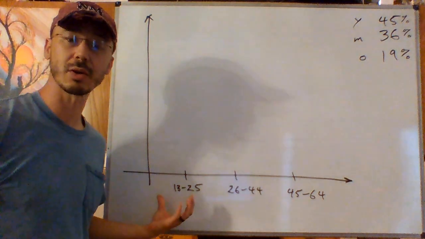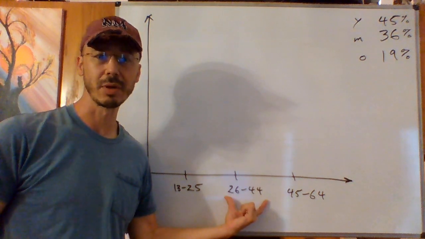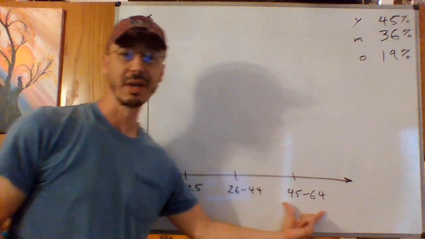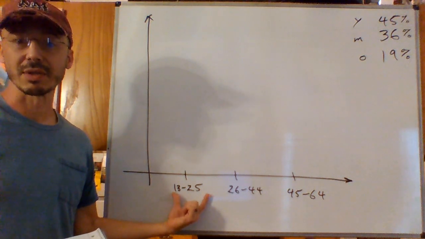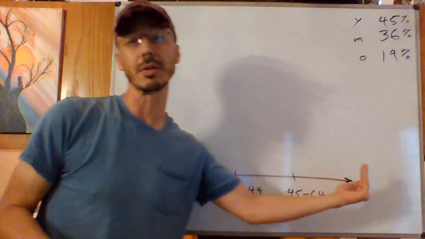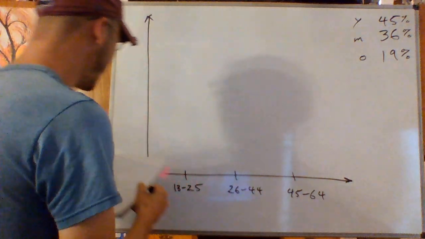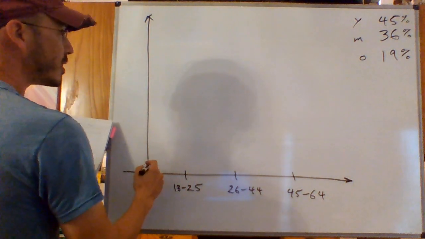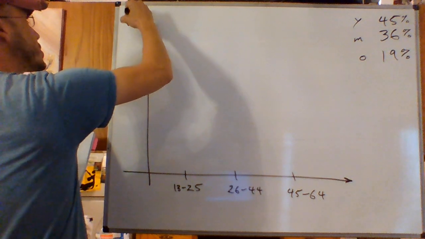Notice that these age categories are not of equal width. This is about a 20-year gap. This is about a 20-year gap. This is barely more than a 10-year gap. So they're smaller. This isn't an x-axis where I'm labeling all the years or all the ages. It's just three categories. On the vertical axis, I'm going to do the proportion.